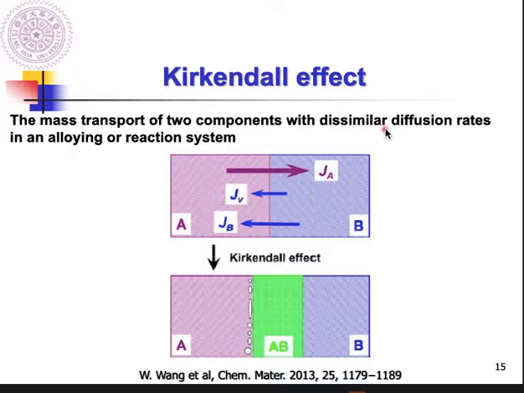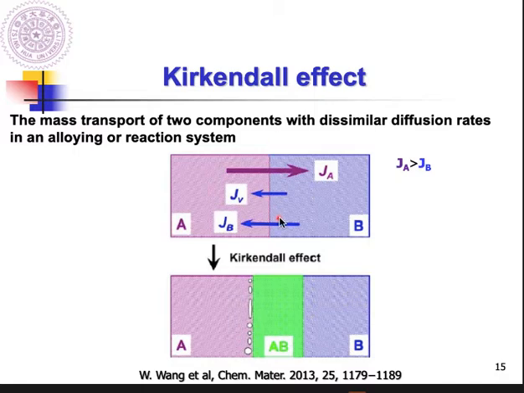with different diffusion rates in this alloy or reaction system tells you that JA won't equal JB. Now in this case, JA is larger than JB, and based on the network constraint, the summation of total flux will be equal to 0.